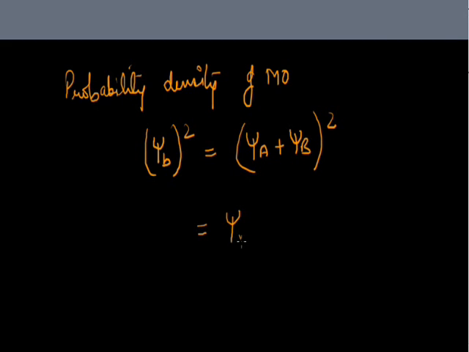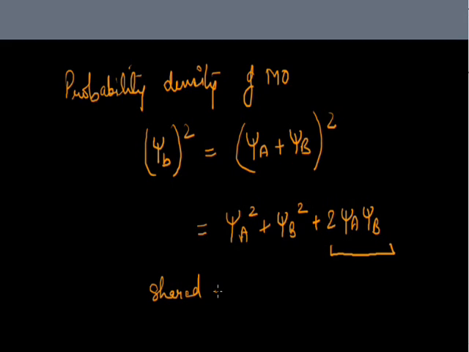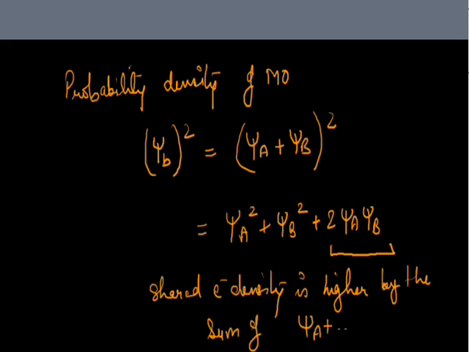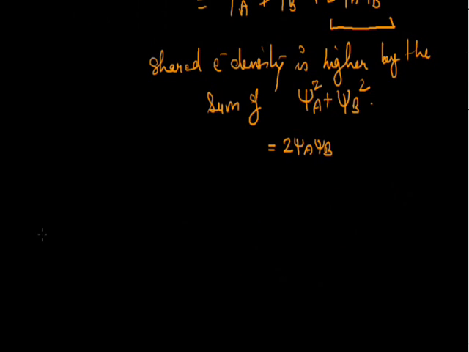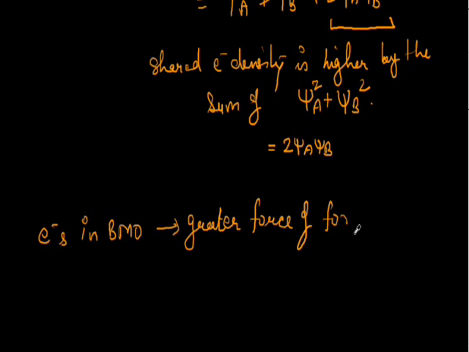On solving it, we get xi A square plus xi B square plus 2 xi A xi B. From this, we know that the shared electron density is higher than the sum of xi A square plus xi B square, by an amount equal to 2 xi A xi B. This shows that the electrons in the bonding molecular orbital experience greater force of attraction, and hence they have a lowering in their energy as compared to individual atomic orbitals.